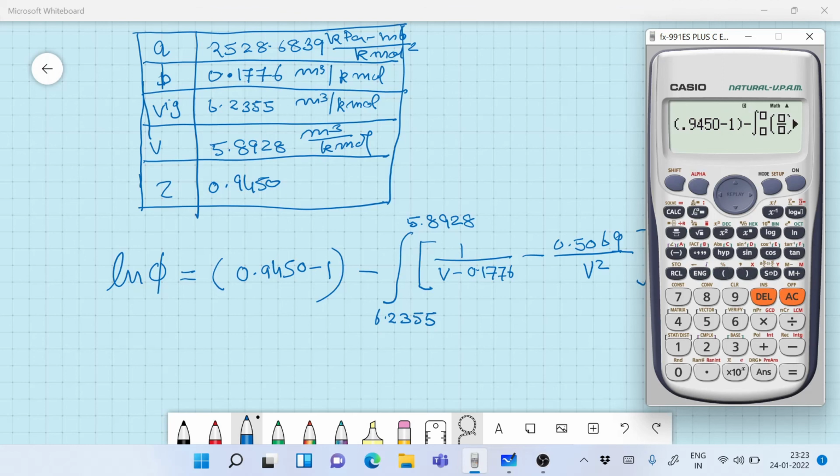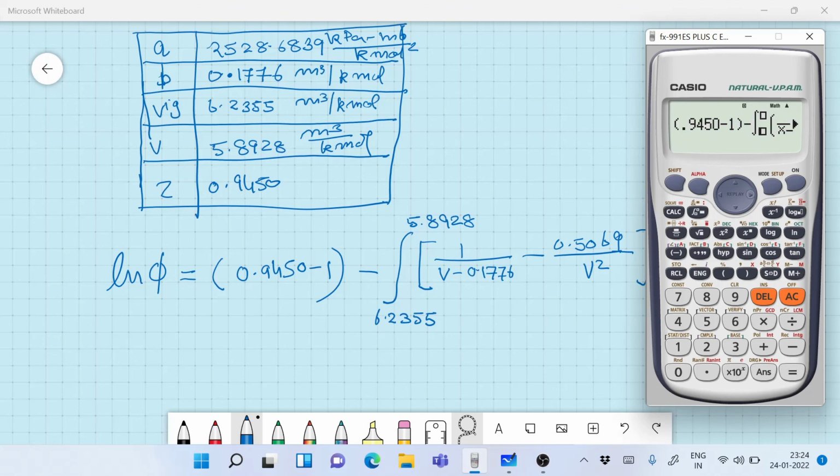The first term is a fraction, so 1 divided by alpha x minus 0.1776, minus the second fraction, 0.5069 divided by v square, so that's alpha x square.